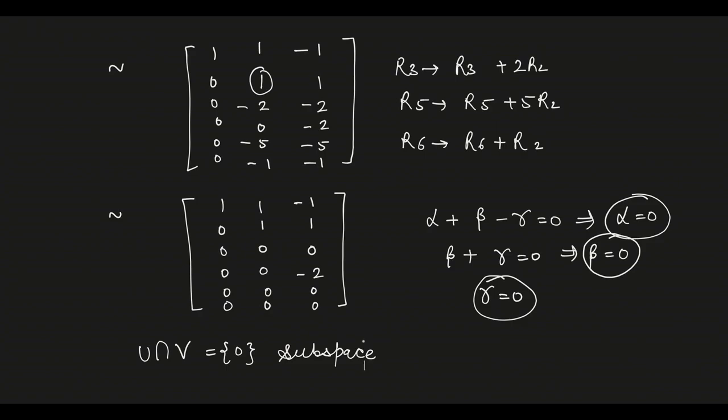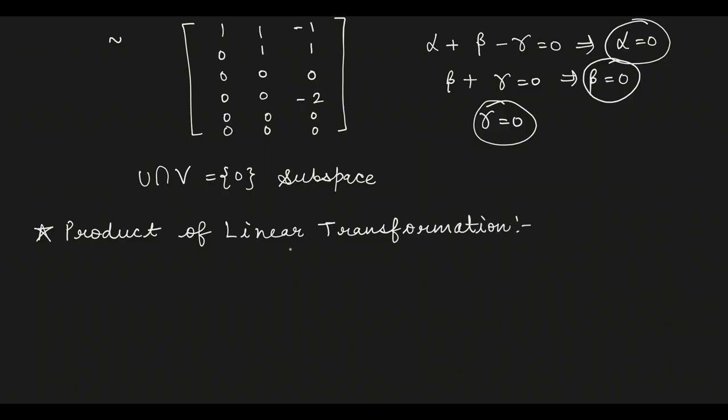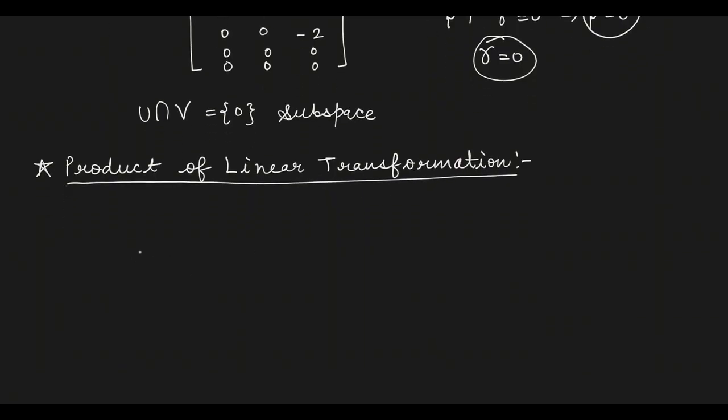Now next is product of linear transformation. So if I have a linear transformation like this, T1 is a mapping from R cube to R4.